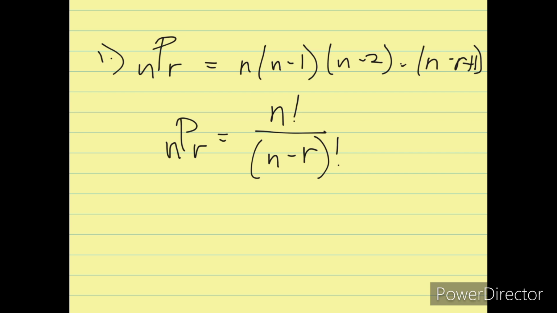So that's the first formula. The permutations of n things taken r at a time.